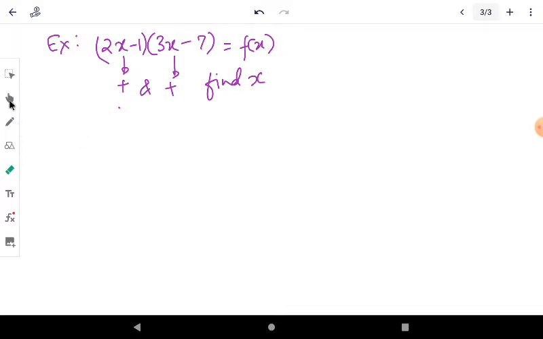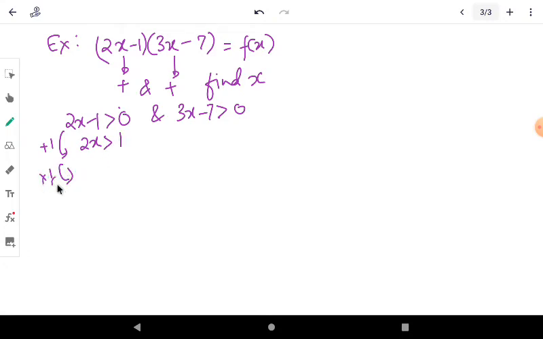So what we will do, guys, is put 2x minus 1 greater than 0 and 3x minus 7 greater than 0. Adding plus 1, you will get this, then multiplying by half, you will get x greater than half. Similarly here, adding plus 7, you will get 3x greater than 7, and then multiplying by 1 by 3, you will get x greater than 7 by 3.